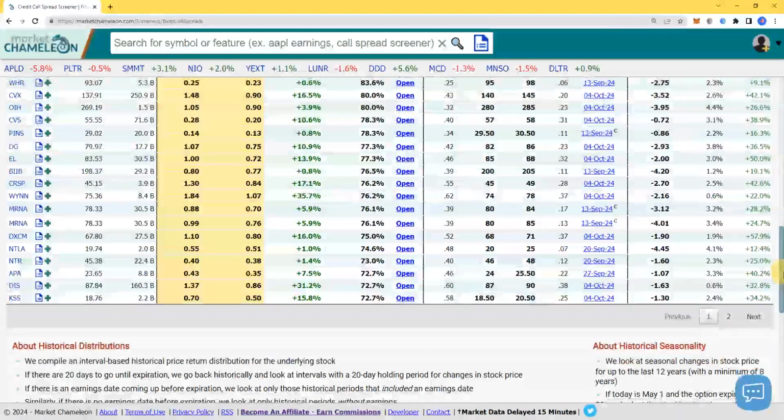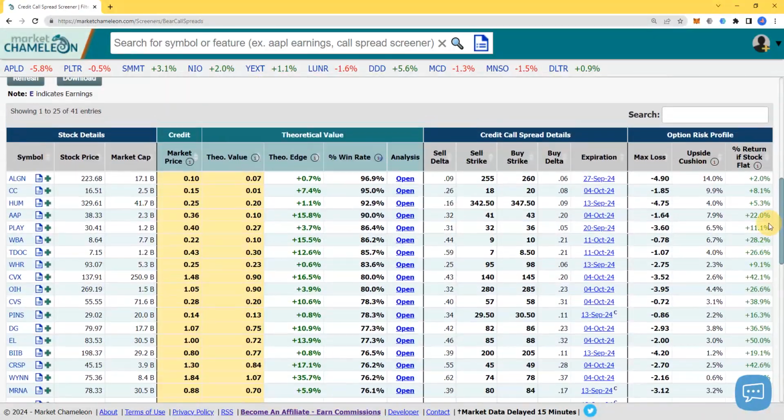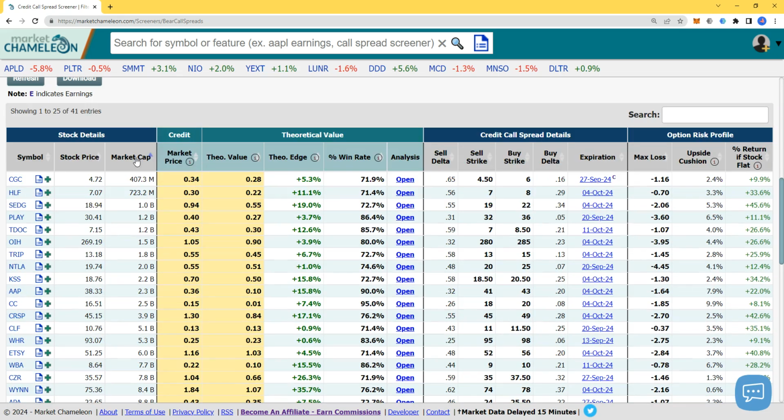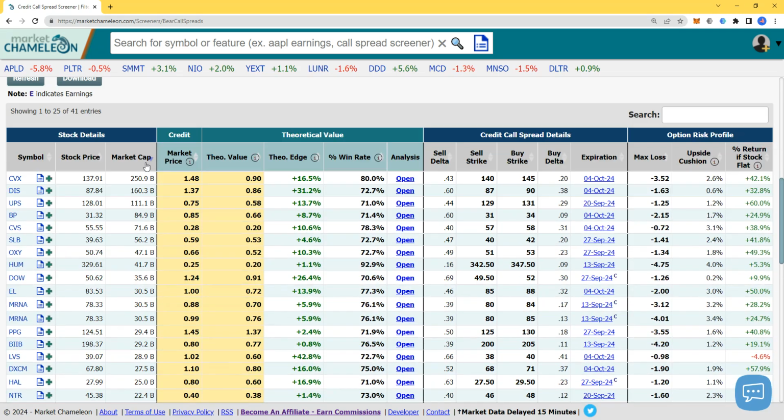So we got a list of 2 pages, okay? And let's filter by market cap or stock, and let's see what we got here. Just for the example, CVX, Chevron. Okay, Chevron at 80% win rate, 16.5 edge. Let's see this one.